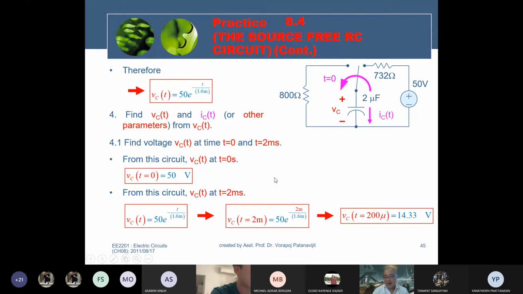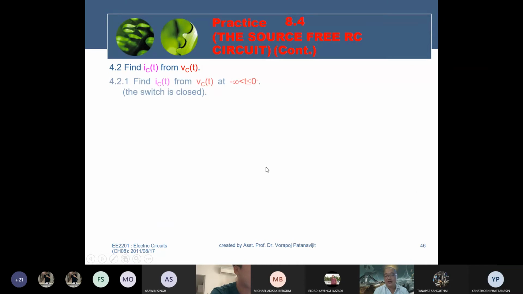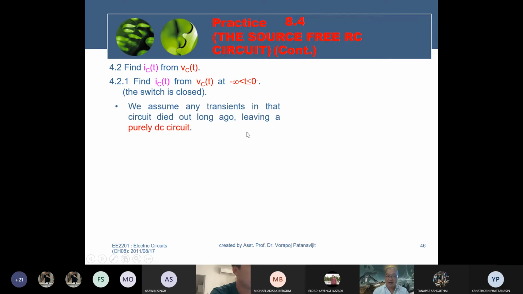Next step, determine IC. You can get IC from VC. IC equals C dV by dt. For time less than 0, VC equals 50 is fixed, a constant value. Therefore, IC equals C dV/dt. If VC is constant, dV/dt is 0.